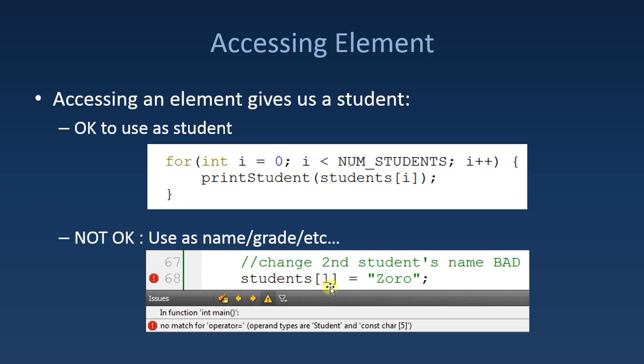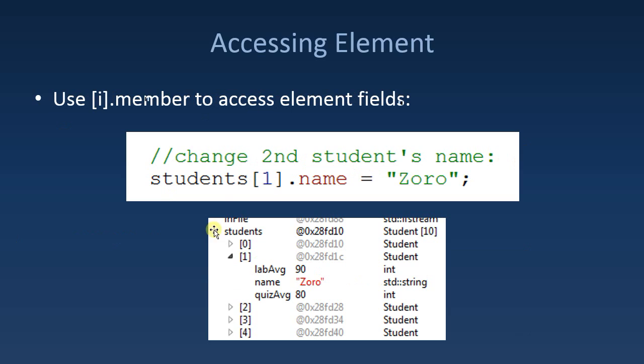I can't access just the students sub 1. That doesn't make sense because that's talking about the whole student. I need to do something like, hey, go to students sub 1, go to the second student here, and change the name to Zorro. All right, but basically this part going into the array is going to give me one student, and from that student I want to get their name.